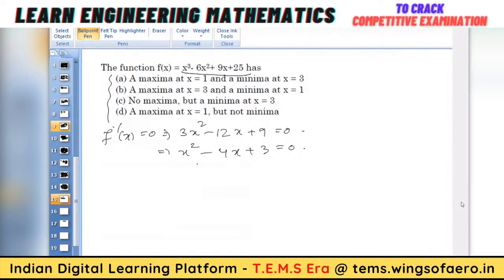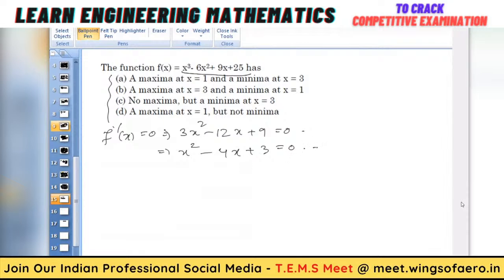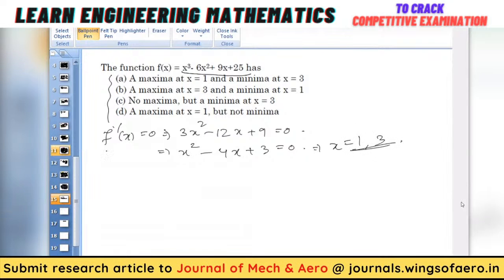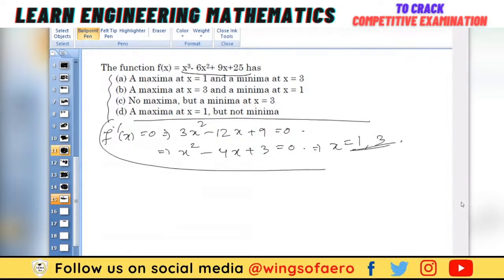So 1 and 3. If I put 1, it is equal to 0. If I put 3, it is also equal to 0. So obviously x equals 1 and 3 are the 2 points. Now, this is the tip, because 3 and 1 are already given in the answer.